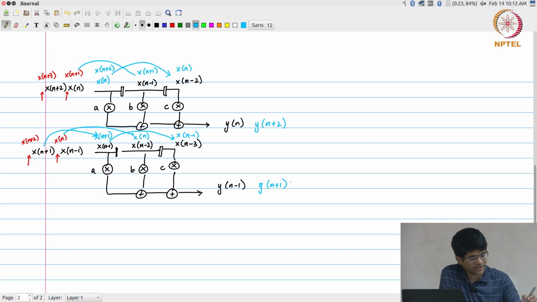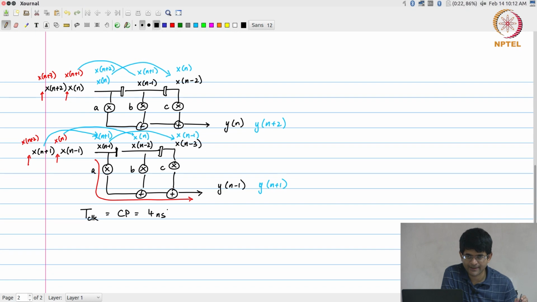Okay. So effectively what happens in this situation is, once again the t clock, which is basically the critical path, remains exactly the same as before, 4 nanoseconds, right. But every 4 nanoseconds 2 outputs are produced.